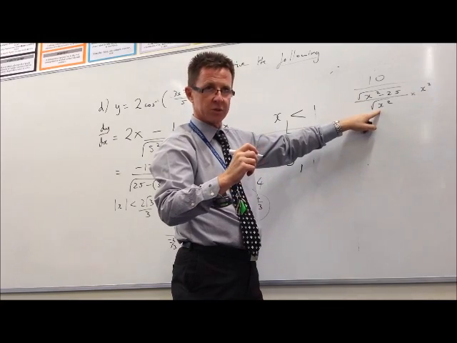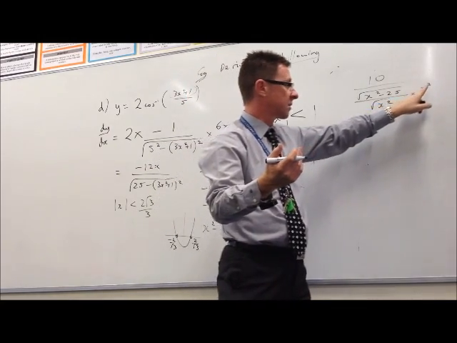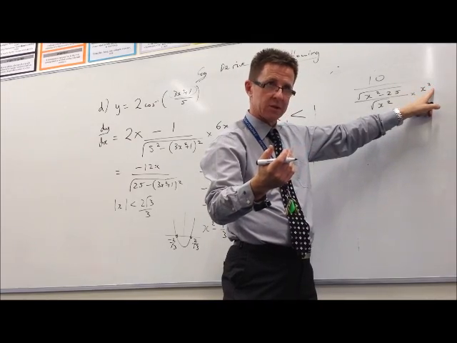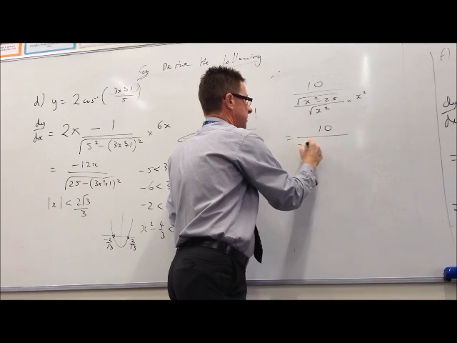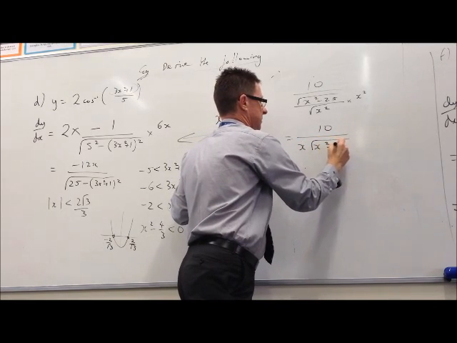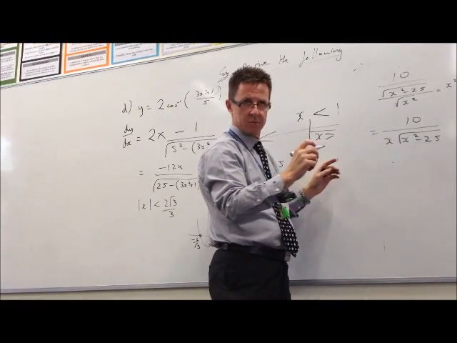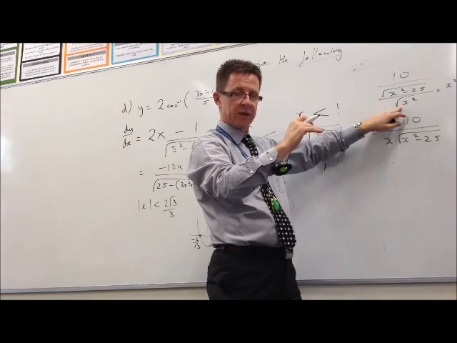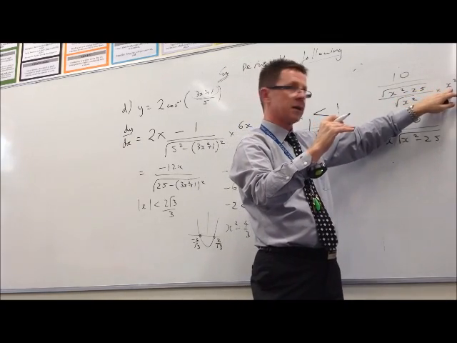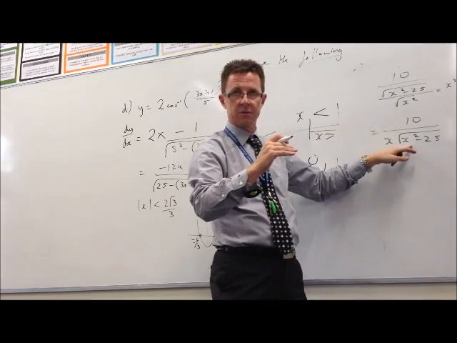But the square root of x squared is x, and the x can cancel with the x squared. So really, you should tell me that the final answer is that. It leaves me just an x.